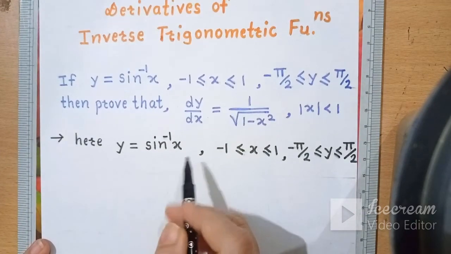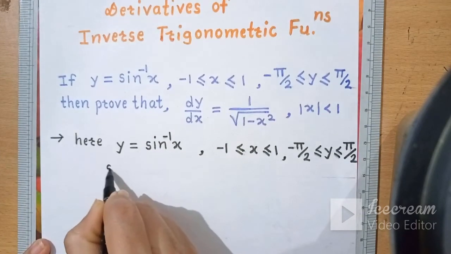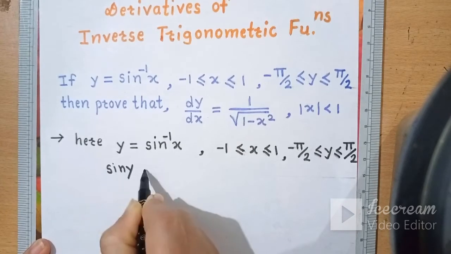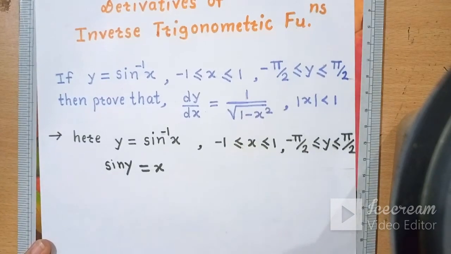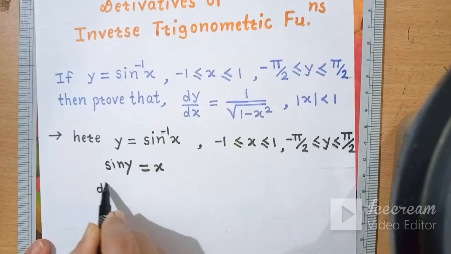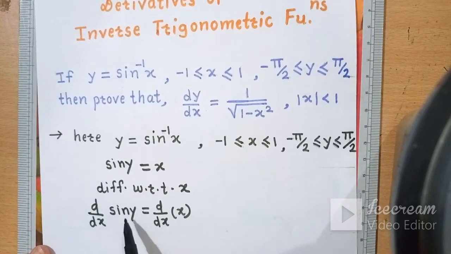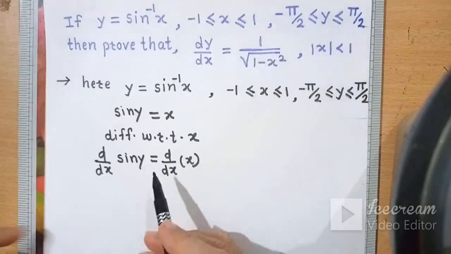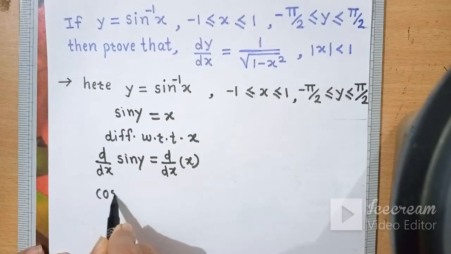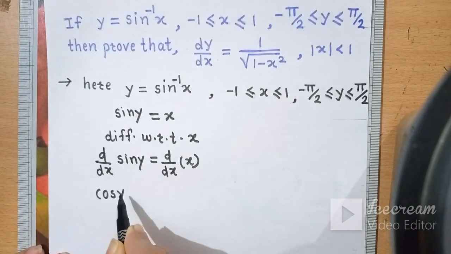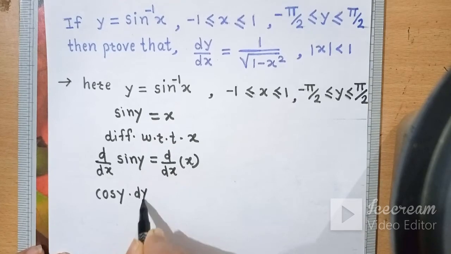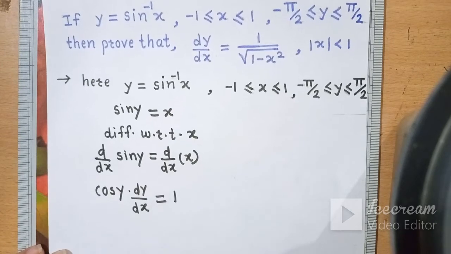Now rearranging this, we have sine of y is equal to x. Now differentiate: d by dx of sine y is equal to, now the derivative of sine is cos, so I am writing cos of y, and again y is a function of x, so dy by dx, and the derivative of x is 1.